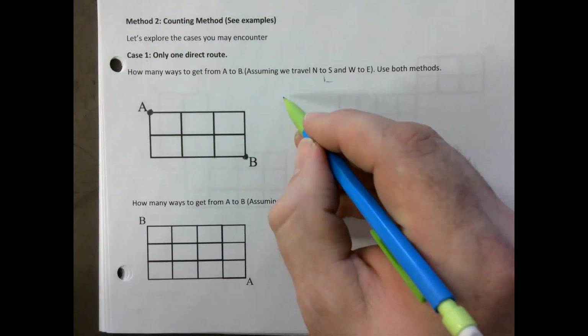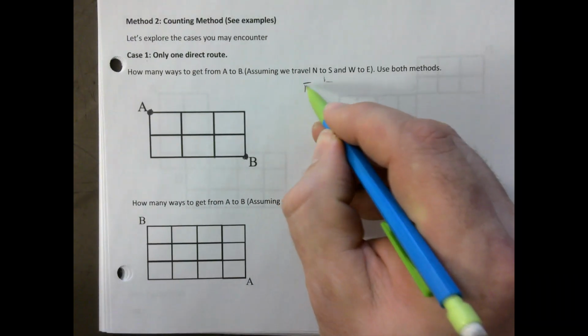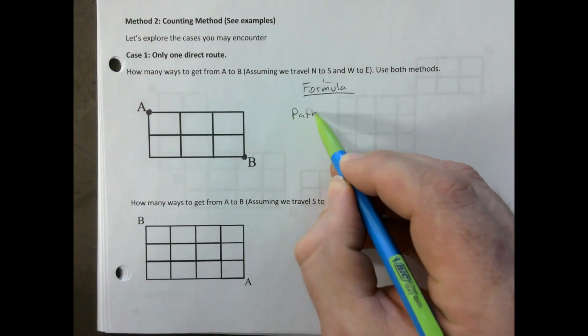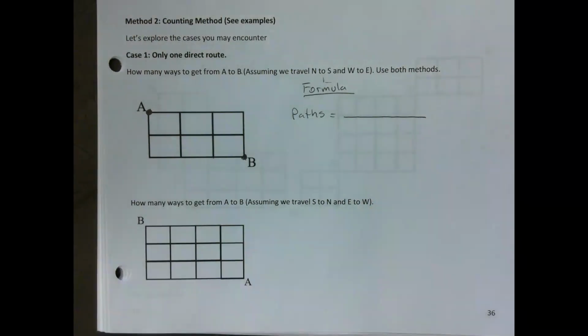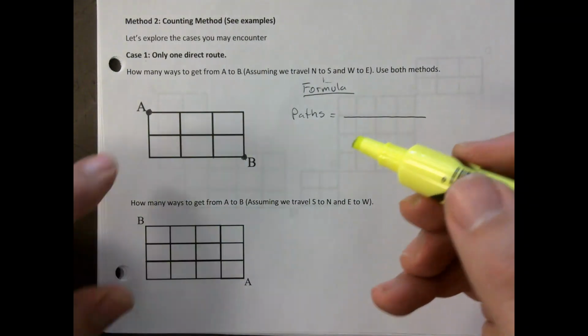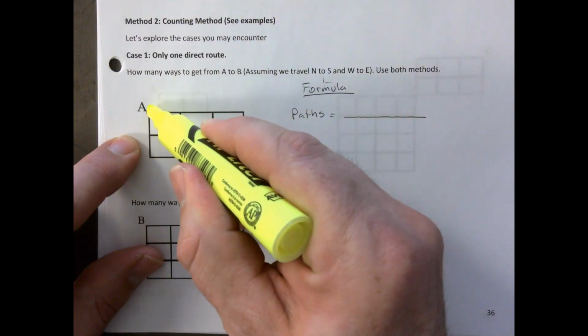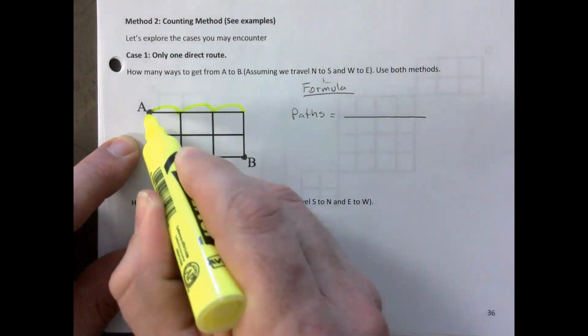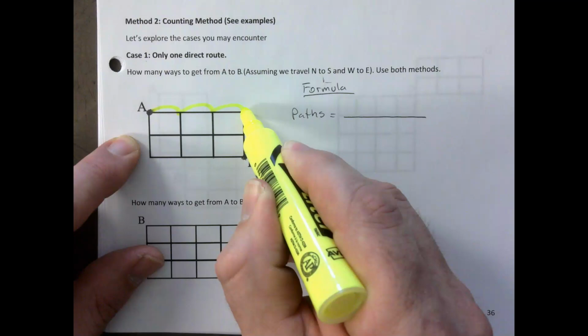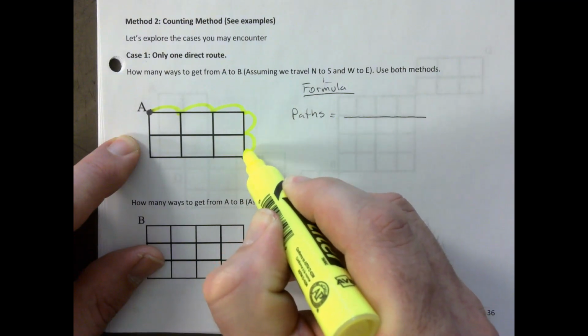Use both methods. Let's do the formula first. So the path formula, number of paths. Have some highlighters ready for this one. I'm going to use yellow for the total number of paths. So you start here and you count. 1, 2, 3. There are 3 horizontal. Keep counting. 4, 5.